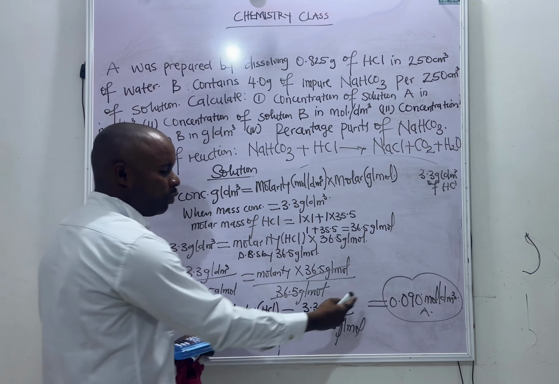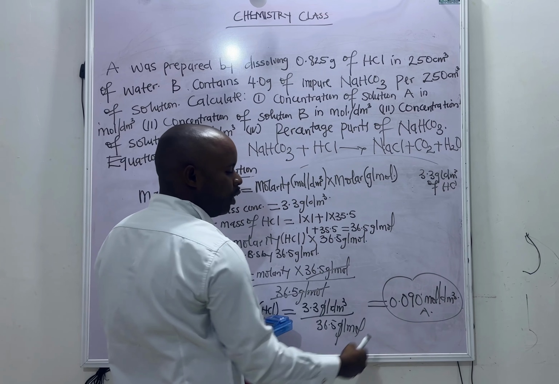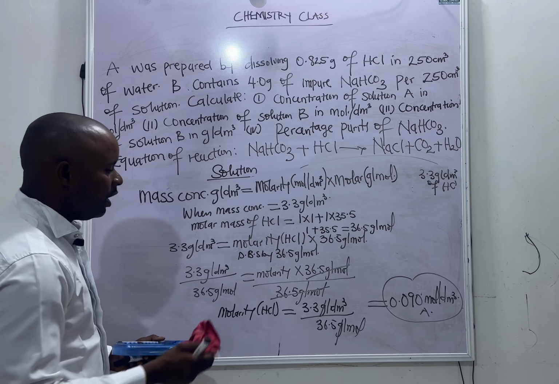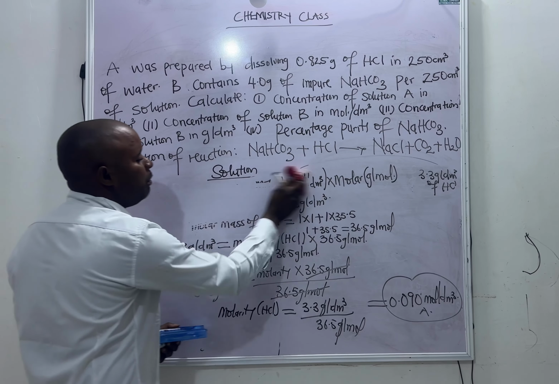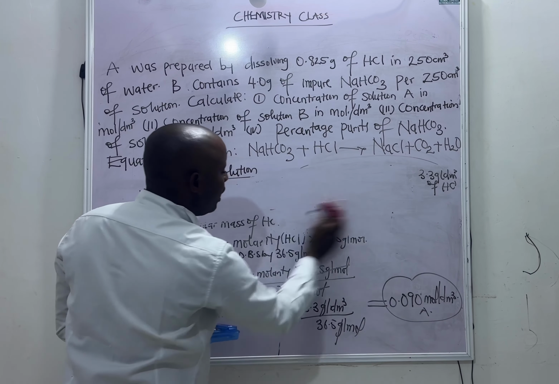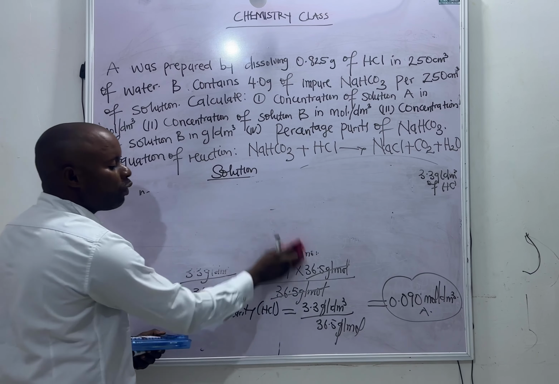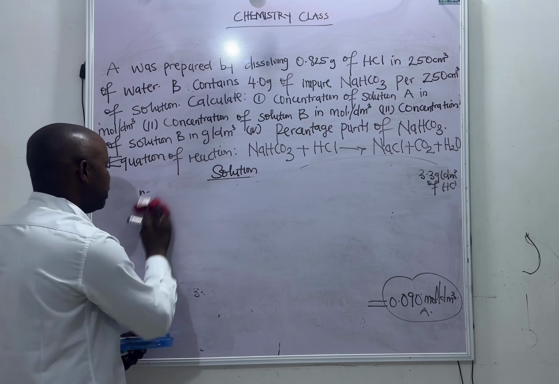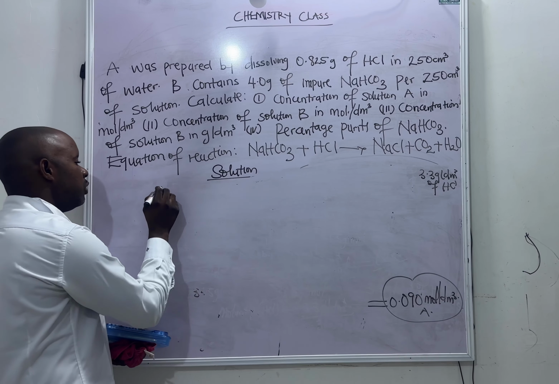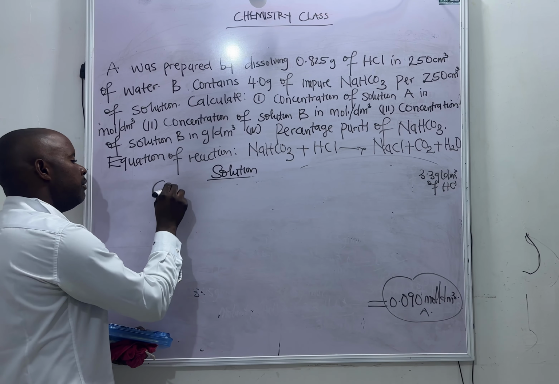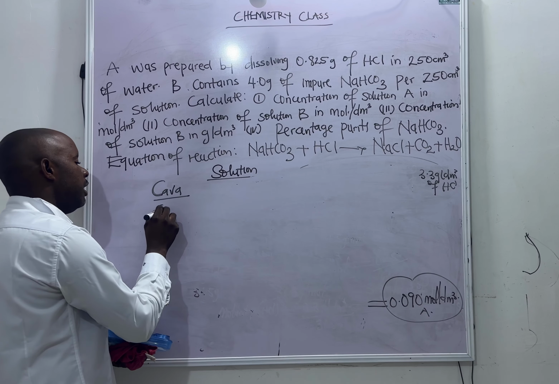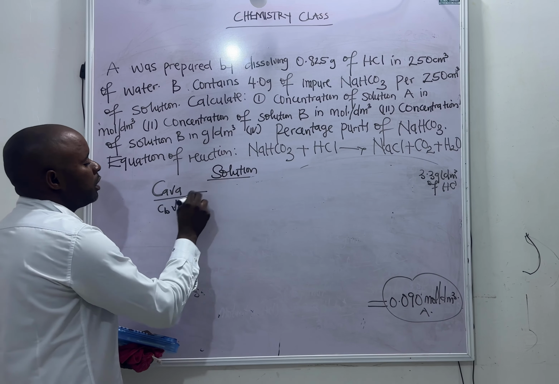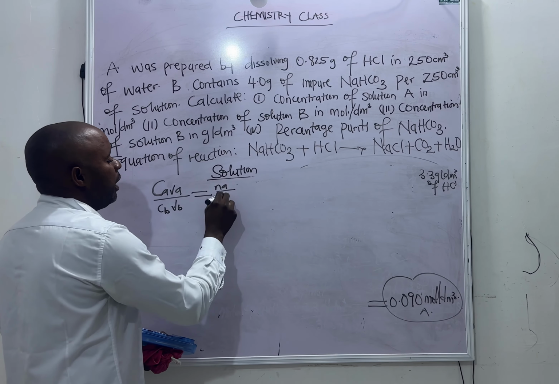Then since we are able to get the concentration of A, we'll be able to use it to obtain B by using CA VA over CB VB equals to NA over NB. Since one of the concentrations is known now, we're going to use CA, VA, CB, VB is equals to NA over NB.